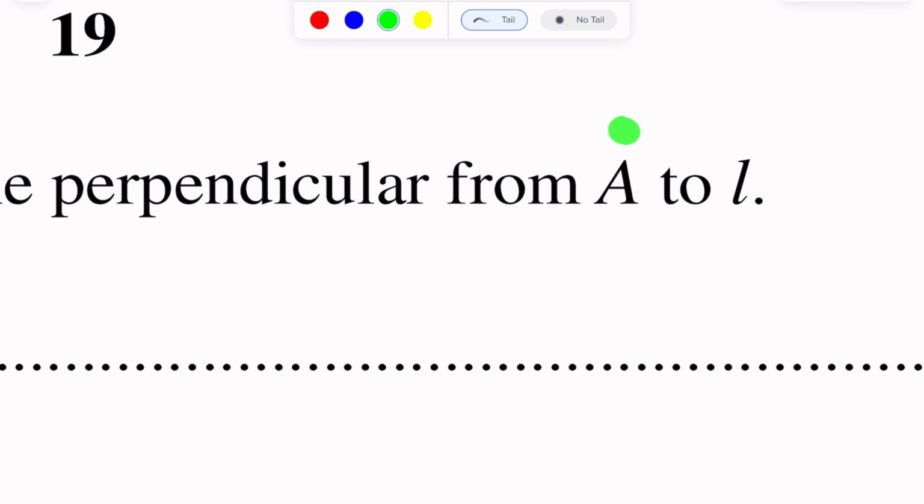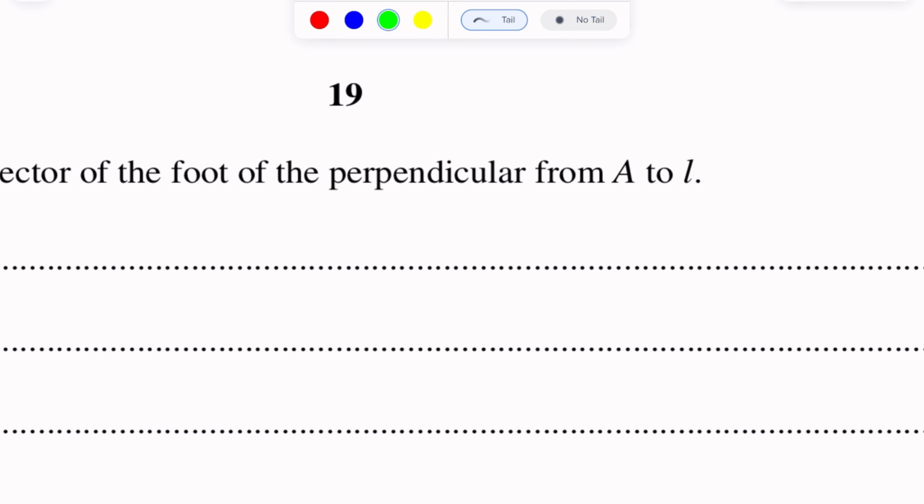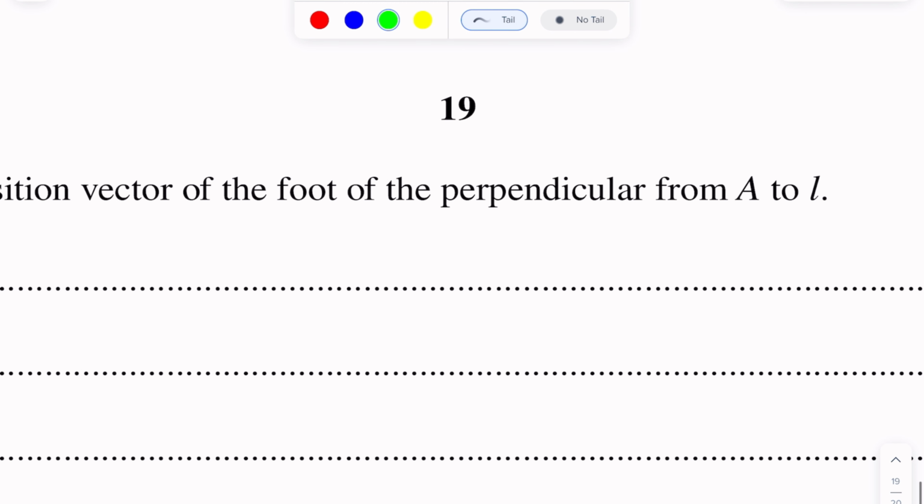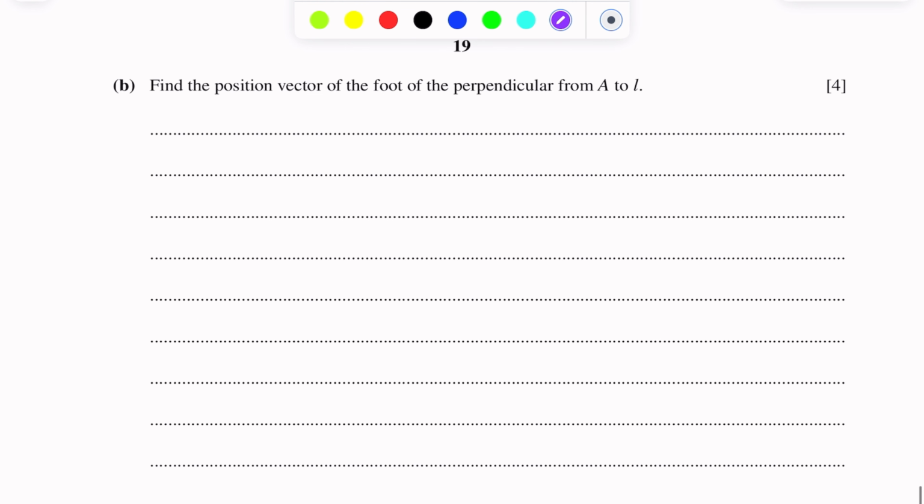Foot of perpendicular means, first I will clear what the foot of perpendicular is. Let this be a line and this be any point. Let this be point A, and we draw a line from point A to this line.